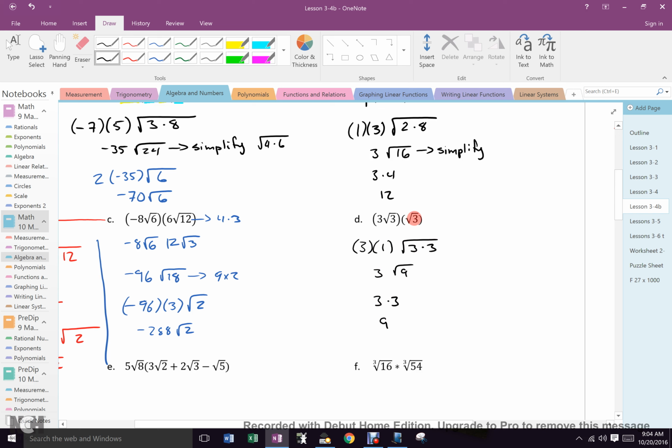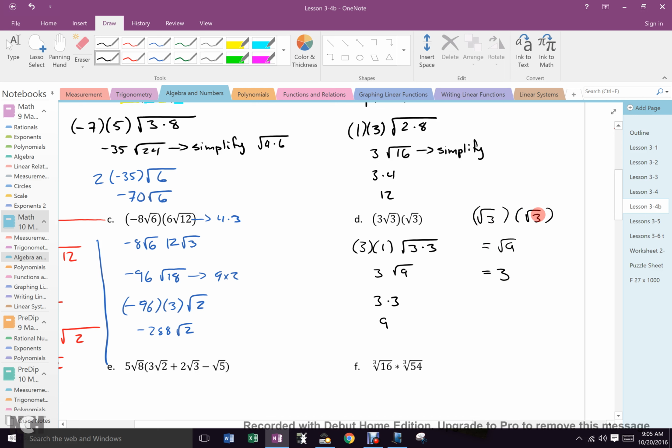I put this one in here to show you this thing. The square root of 3 times the square root of 3 is what? Square root of 9, which is what? 3. Notice the pattern.